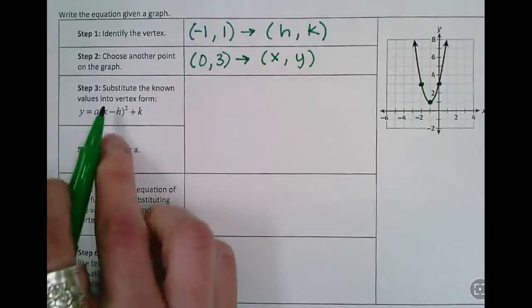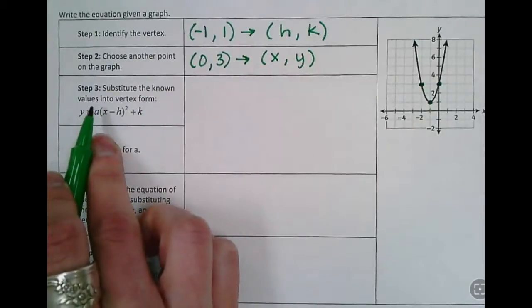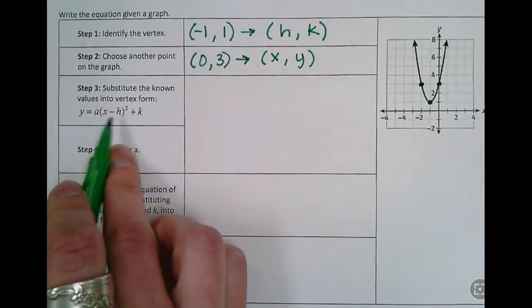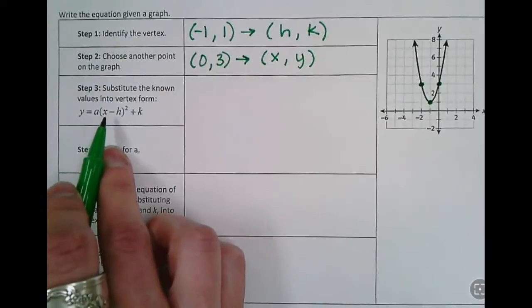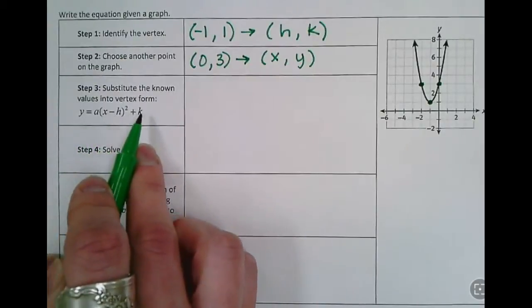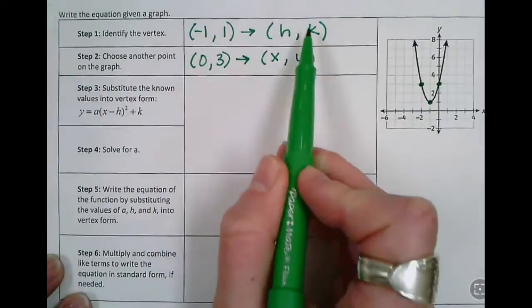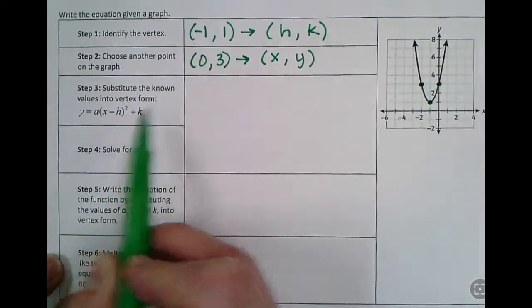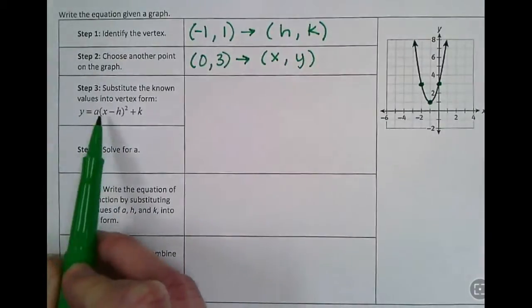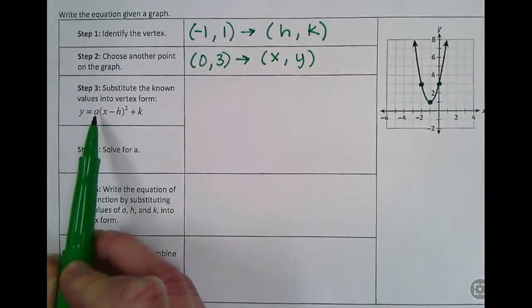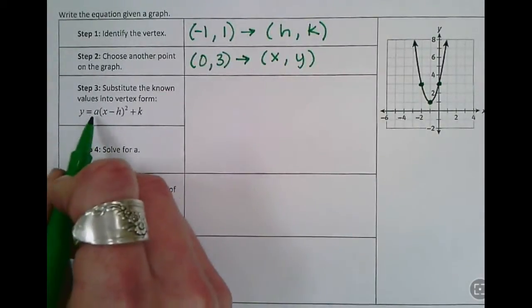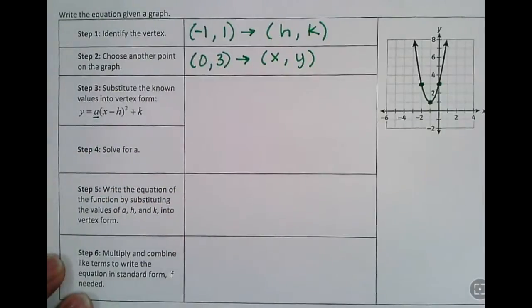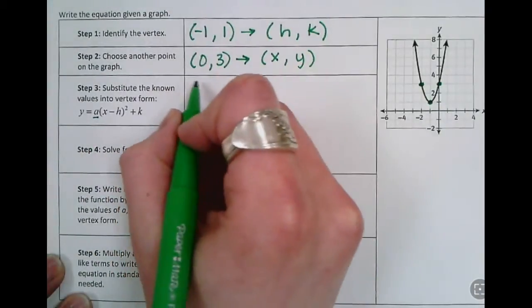Now, we're going to substitute those known values into the vertex form y equals a, x minus h squared plus k. Notice from all the points that we have, we know h and k, and we have an x and our y. The only thing we don't have is the value of a, so that is what we are eventually solving for. So I'm going to place this in here.